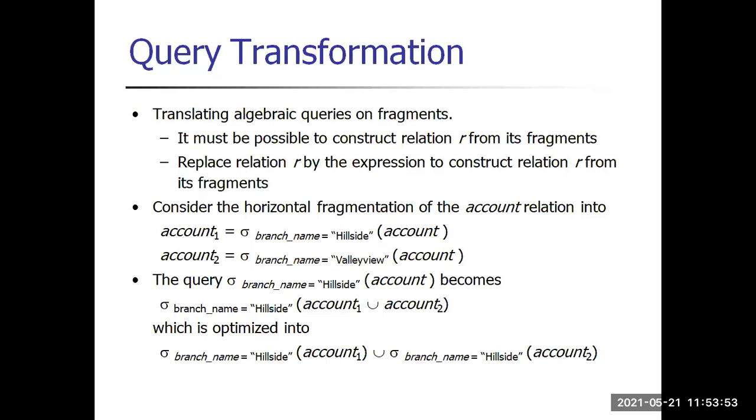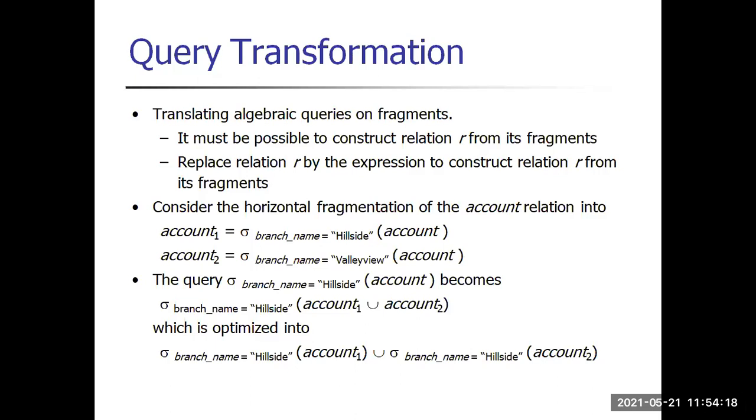Consider a fragmentation scenario where there is a relation or table of account. The account relation has been fragmented: account one has the branch name Hillside and account two has the branch name Valley View. So there are two particular accounts, one from Hillside and one from Valley View. The query for Hillside becomes just a joining part: branch name Hillside, then account one union account two.